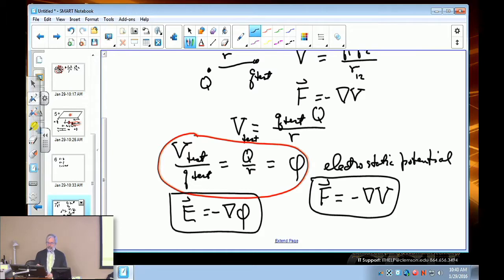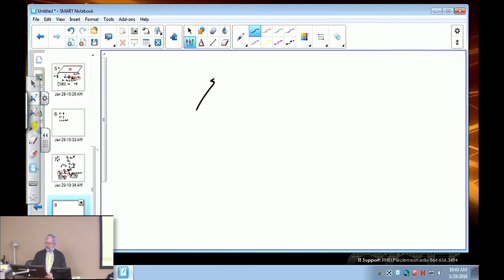There are a couple of ways of seeing that. If I want to generate an electric field, there are lots of ways I could arrange charge to generate that electric field at that place. By giving phi, you get a little bit more information about the arrangement of charges that I would need.